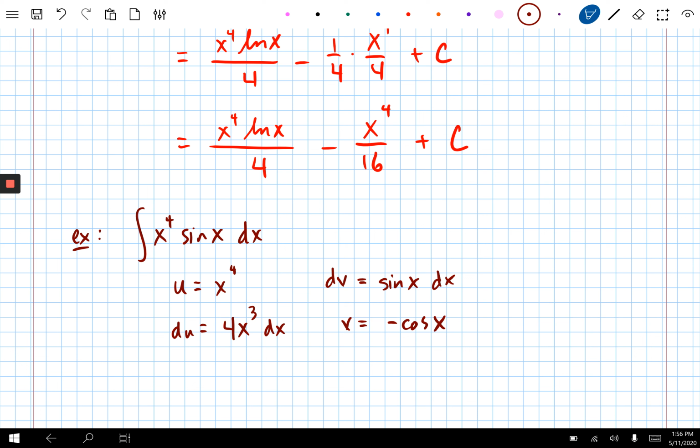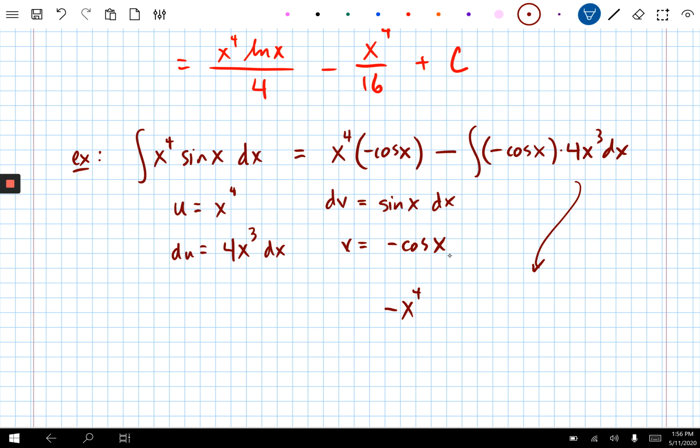All right, so now if we use the integration by parts formula, we got u times v minus the integral of v times du, which if I simplify a little bit, we'd get negative x to the 4 cosine of x plus 4 times the integral of x to the 3rd cosine of x.